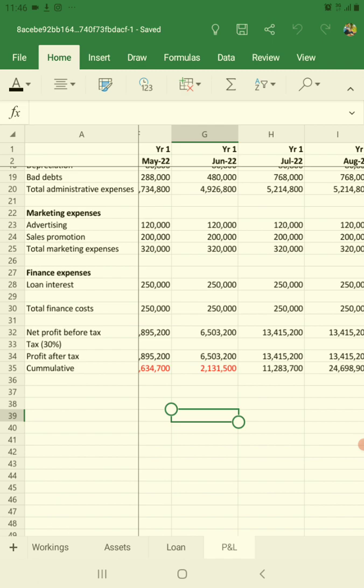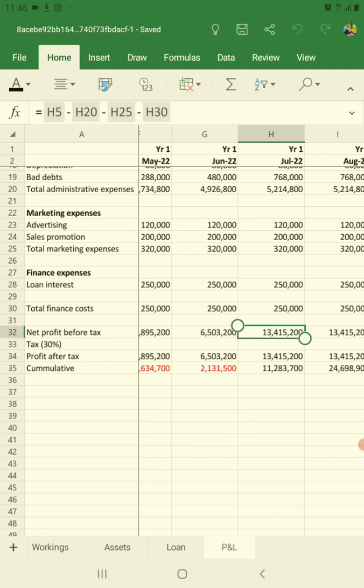So we will start to pay tax in July according to this. How much are we going to pay tax in July? It is the cumulative figure in July, 11,283,700. Because from the net profit we get in July, we need to deduct the remaining cumulative loss of 2.1 million presented in June, and the remaining figure will be the cumulative profit in July. So that is the figure we are going to tax.